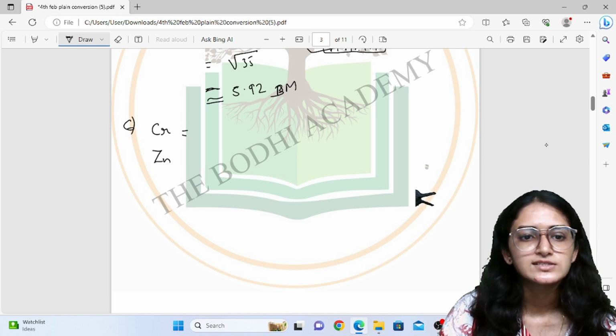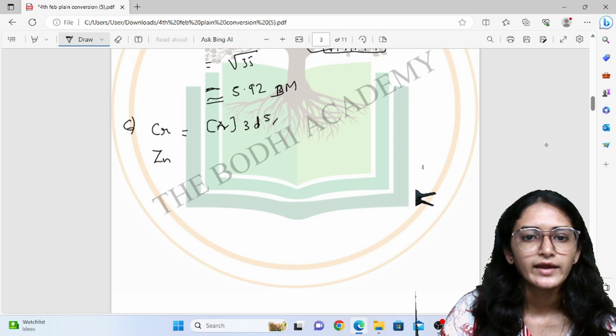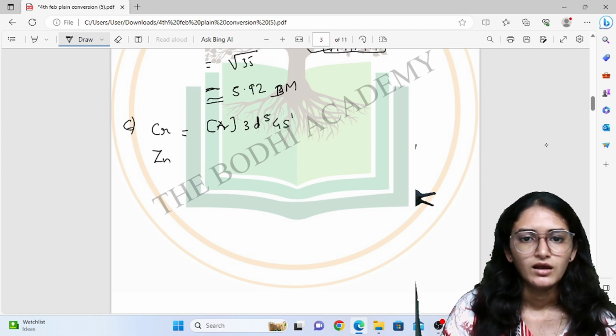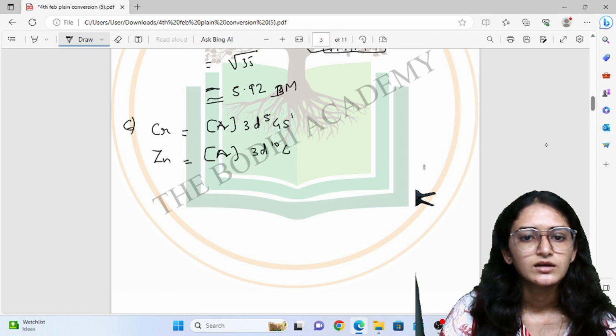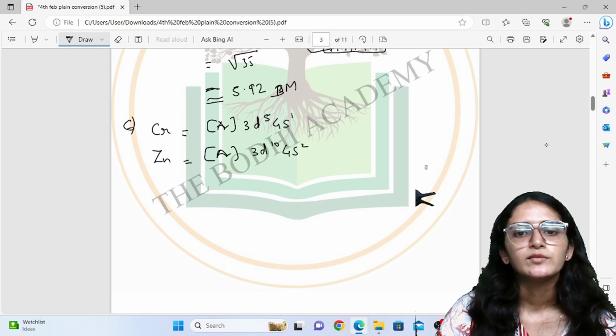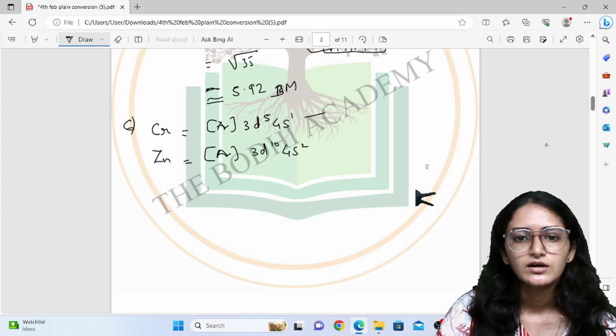So chromium, what is the configuration? Argon 3d5 4s1. And zinc we have argon 3d10 4s2. Here in 4s1 we have one electron in the outermost shell, and here we have two electrons in this orbital.